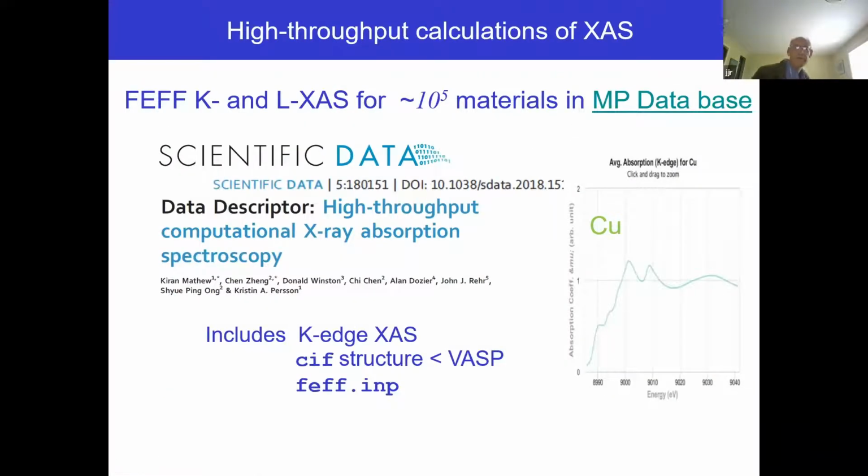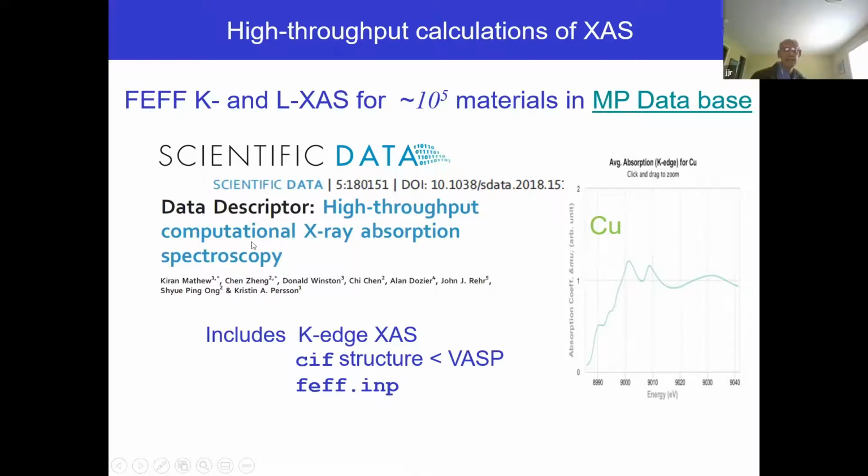Okay, recently, it turns out that all of these calculations have been done for all the materials in the so-called Materials Project database. It's about 100,000 materials, and it also comes with input files for FEFF. All the structure in these materials is calculated by the VASP code and is available.